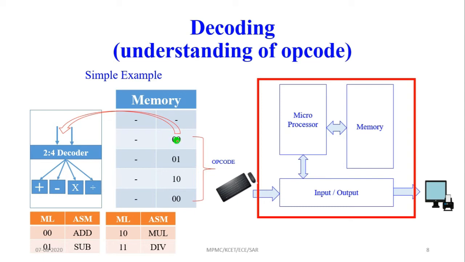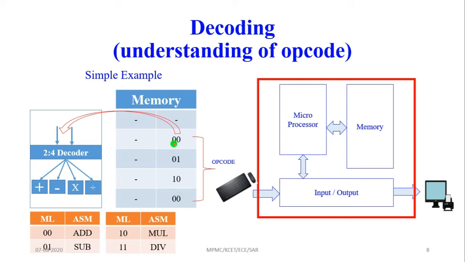Here we are fetching the program from this memory. First step, we fetch the program from this memory. Now this 00 comes to this 2:4 decoder. This 2:4 decoder only understands the opcode. 00 means the addition operation, 01 means subtraction, 10 means multiplication, and 00 again means addition.